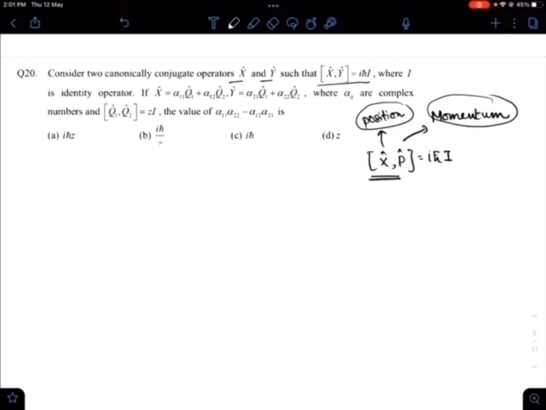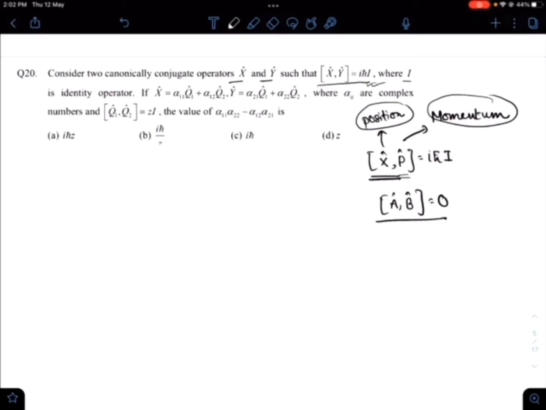If we have two simultaneously measurable observables, then the commutation relation is 0. But we know that we can't measure position and momentum simultaneously, which is why their commutation relation is not 0. So we have these two canonically conjugate operators x and y with this commutation relation.